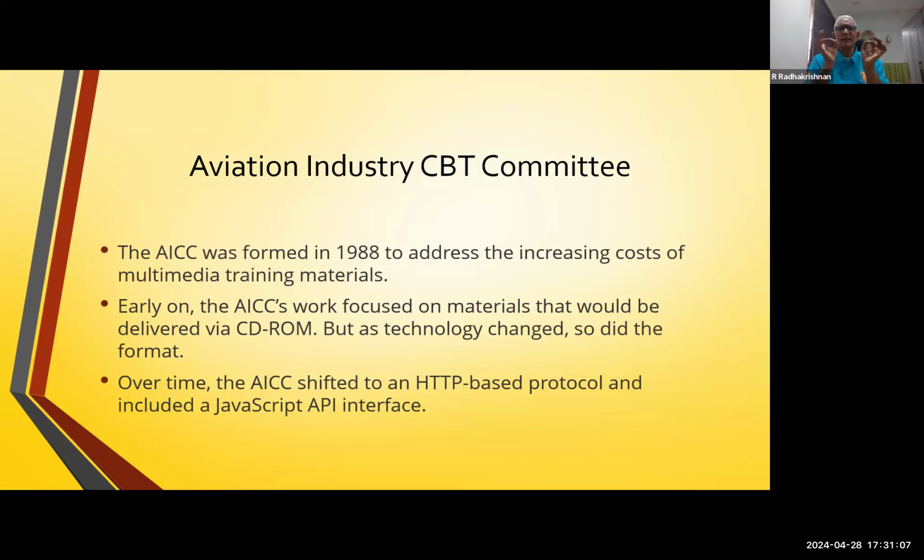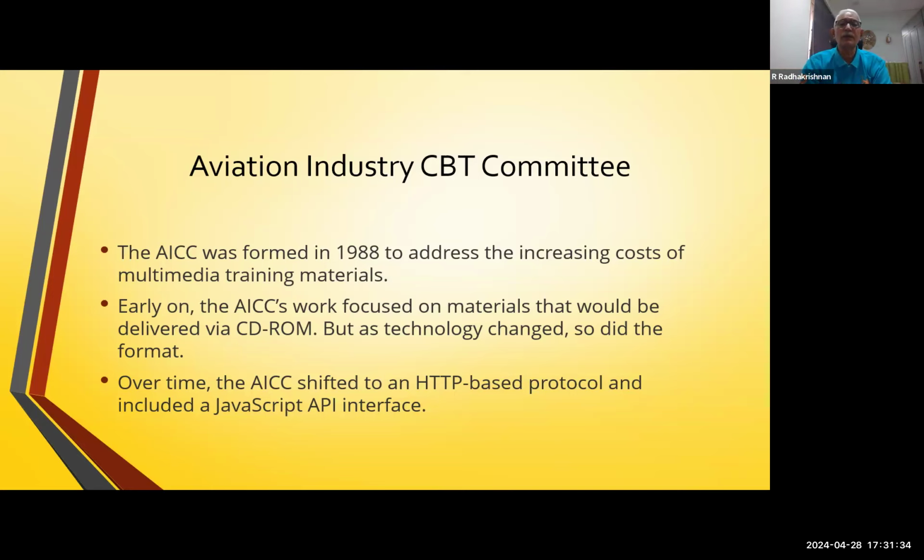In 1988, AICC was formed to address the increase. See, what happened was the training materials had to be developed separately for every program, every department, every group. So they wanted to put all the training material under some standard so that the learning management system was able to understand how to pick up the contents, where to pick up the contents.